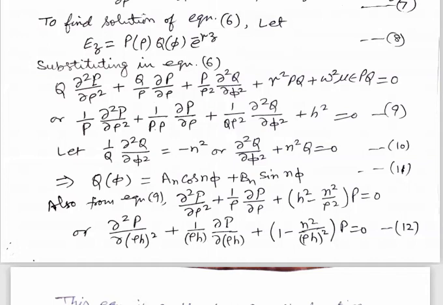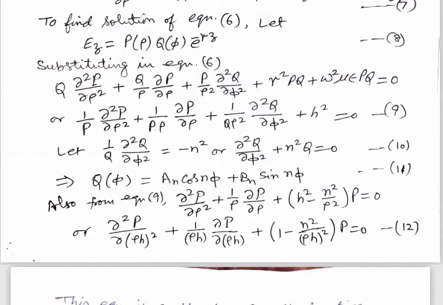Also, with the help of equations number 9 and 10, equation number 9 now takes the form del 2p over del rho square plus 1 upon rho del p over del rho plus (h square minus n square upon rho square) p equal to 0.